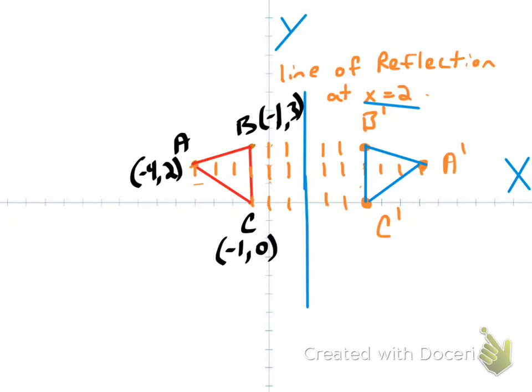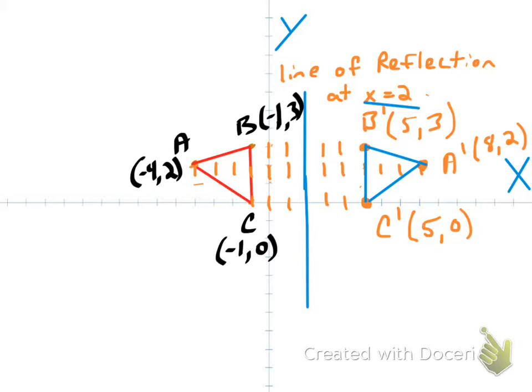Now let's check over here our reflection. C is now 5, 0. A prime is 8, 2. And B is 5, 3.